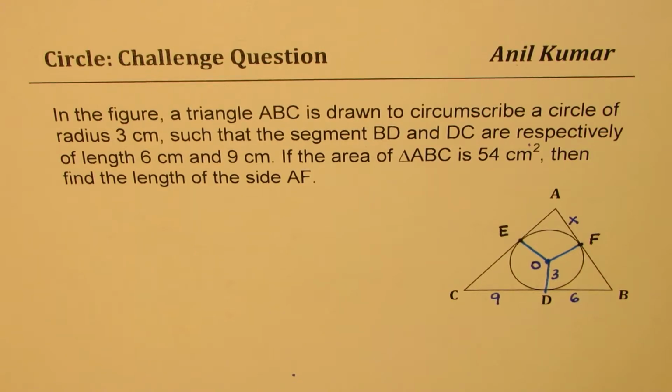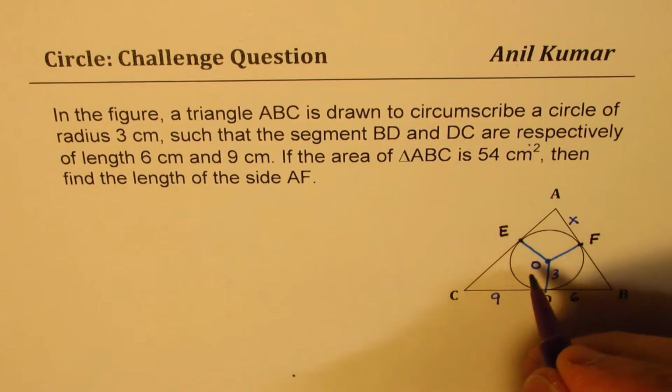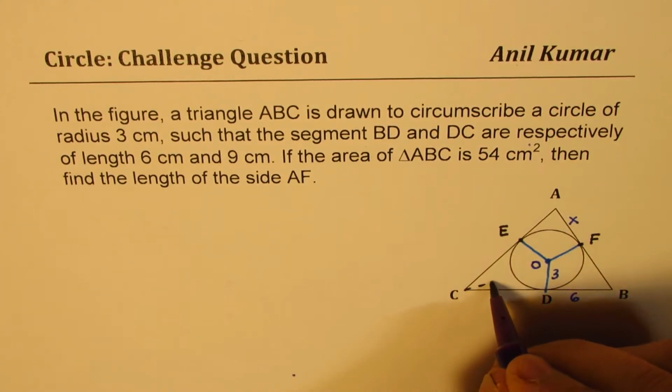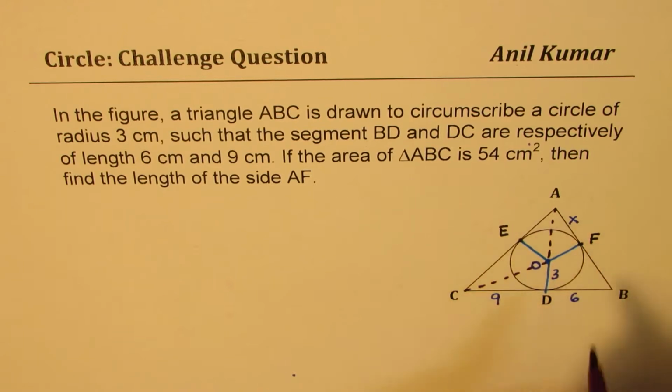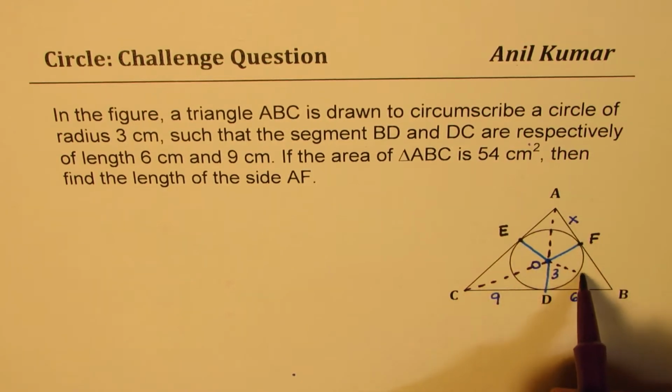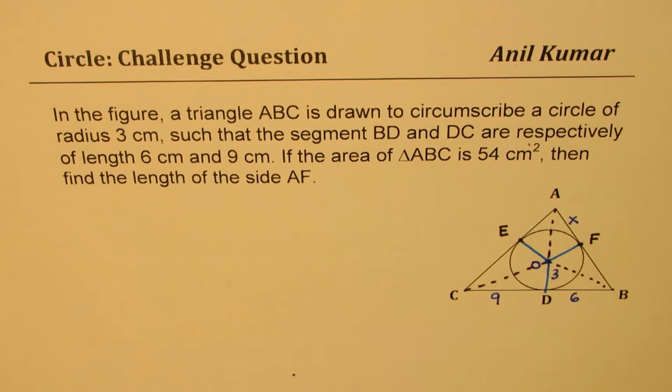To solve this question, we are going to divide this triangle into 3 triangles by connecting each vertex with the center O. Now we know the area of the bigger triangle ABC.